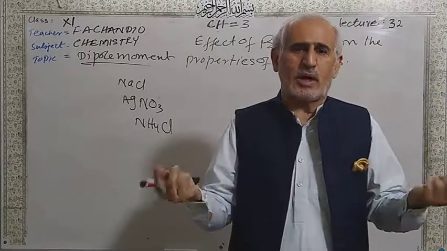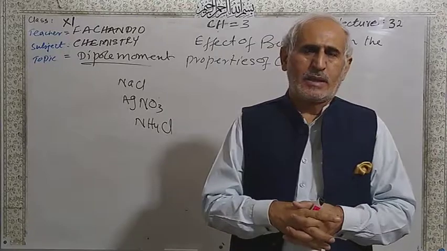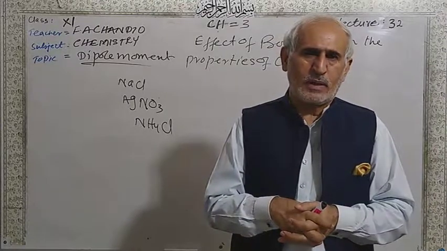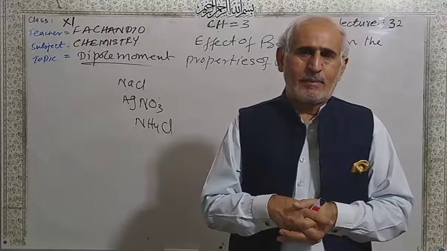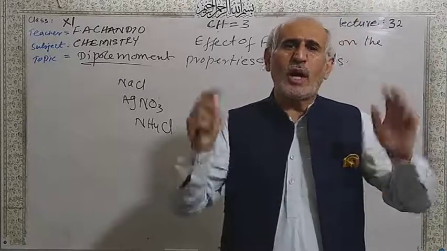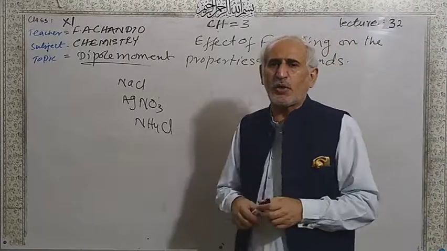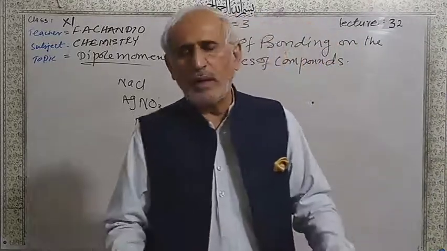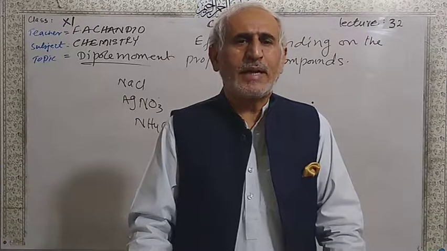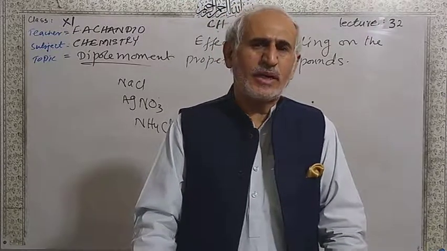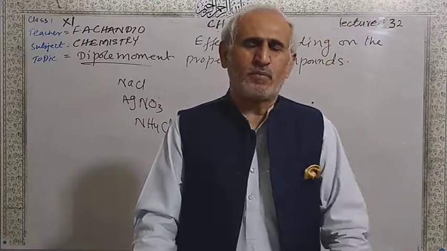They change into ions, split into positive and negative ions. But not all ionic compounds dissolve in water. Calcium carbonate, limestone, and marble cannot dissolve in water. Calcium sulfate, chalk, is very, very slightly soluble. It forms a suspension.